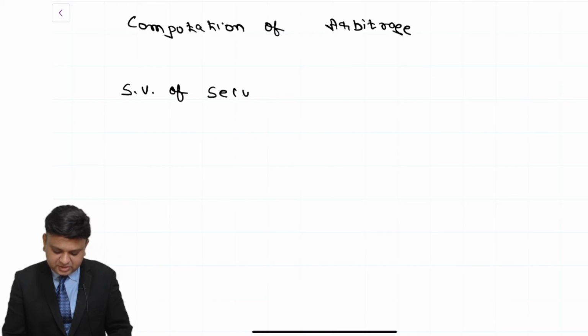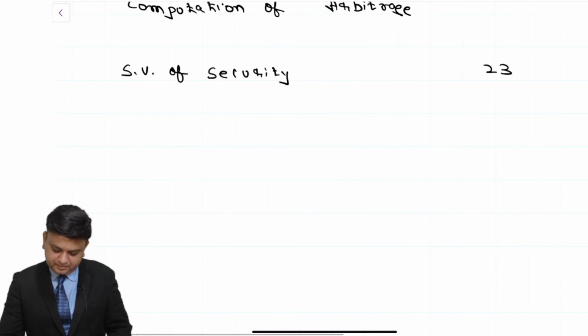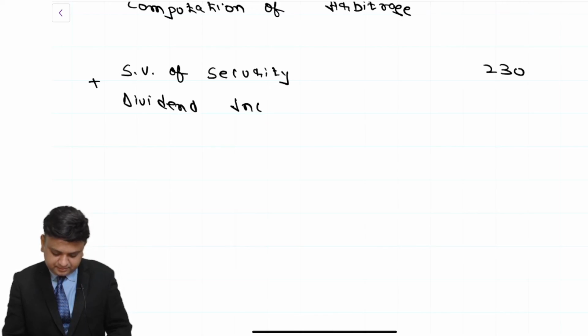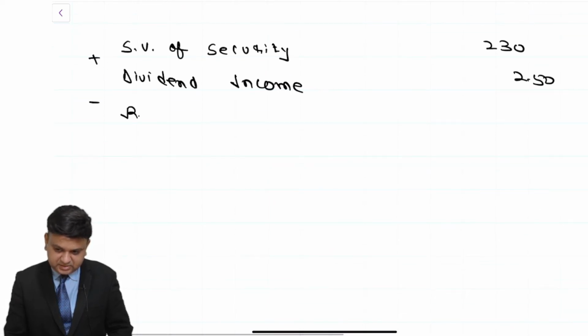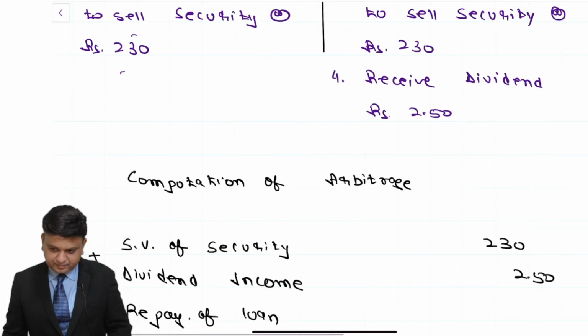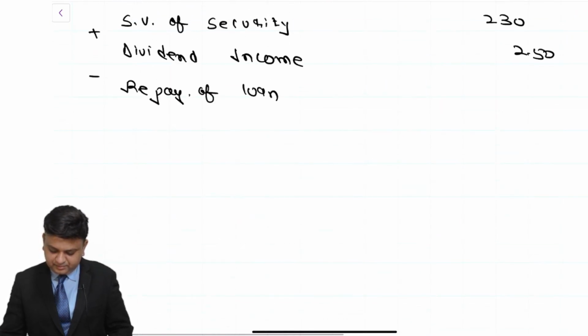Sale value of security is 230 plus dividend income rupees 2.5 less repayment of loan 228.25.